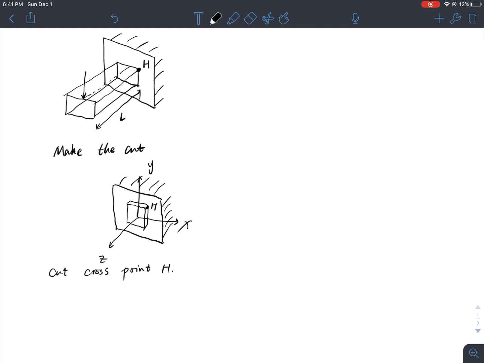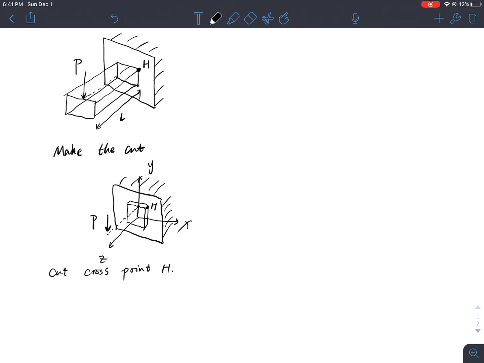Once I made this cut, I can determine what kind of load I have at point H. If this is the load force P, let's take a look at where exactly this force is relative to point H. To illustrate where the force is, I make an extension line, and here is where the force is.